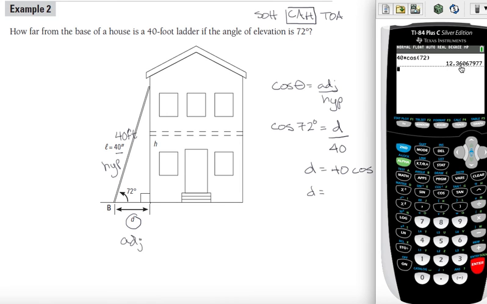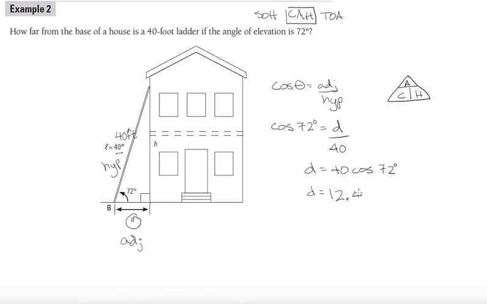The 3, I look at the 6. The 6 tells me I need to round up, so that's 12.4. My units are feet because that's a 40-foot ladder, so 12.4 feet. So the ladder is 12.4 feet from the base of the house.